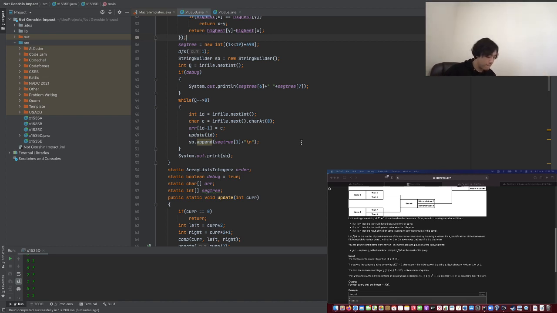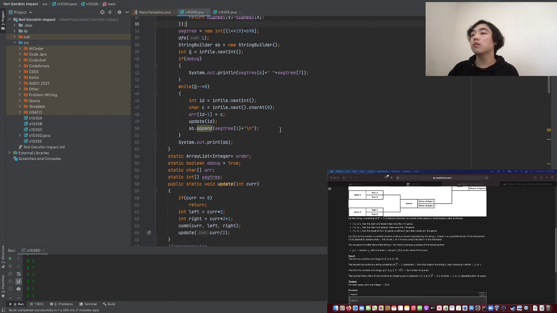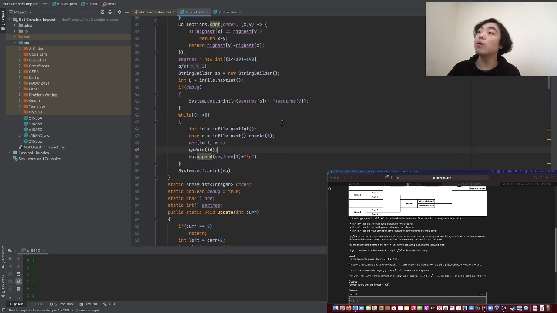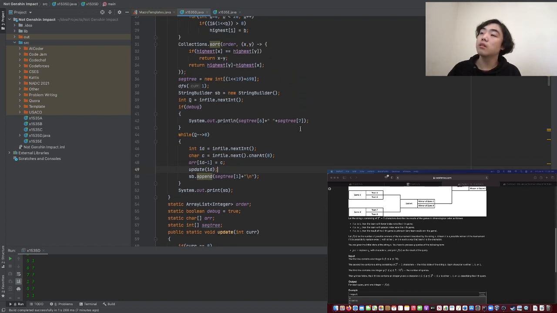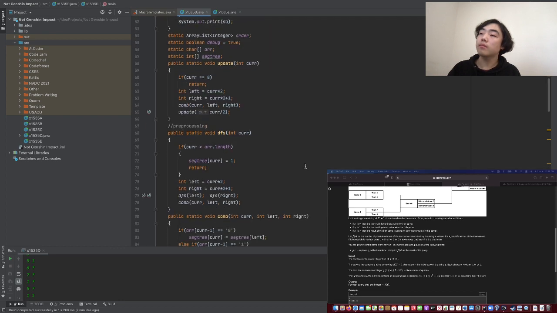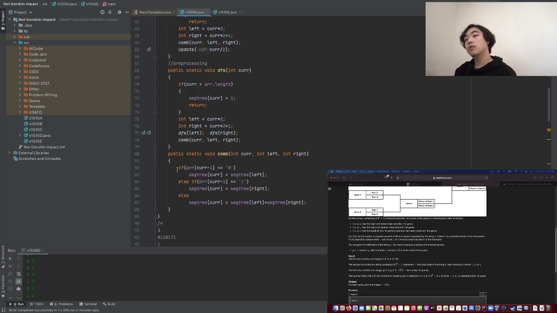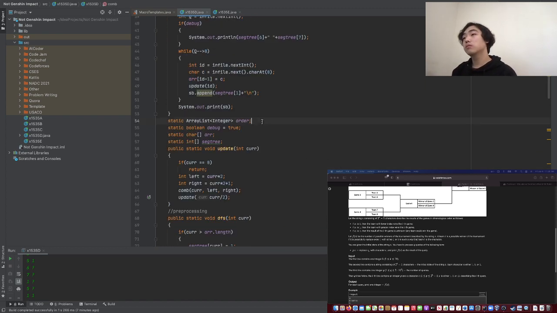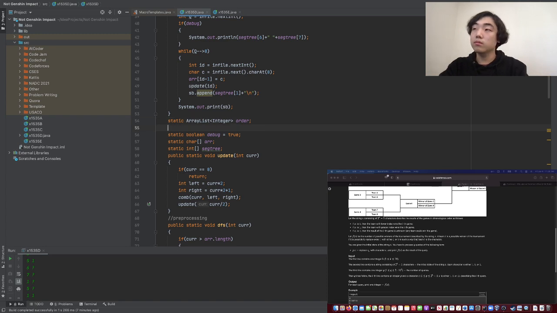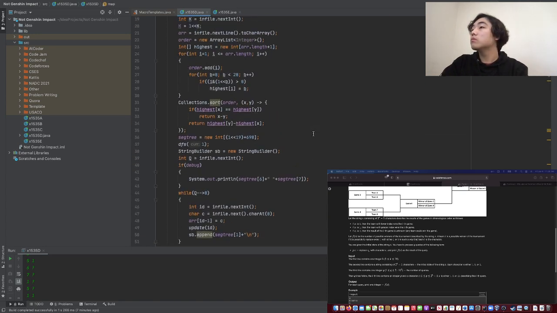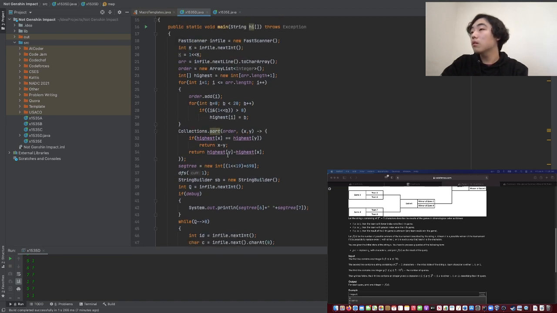Wait, so if it starts changing from node 4, then yeah, this digit changes. We start changing from node 4, and then node 4, I guess.